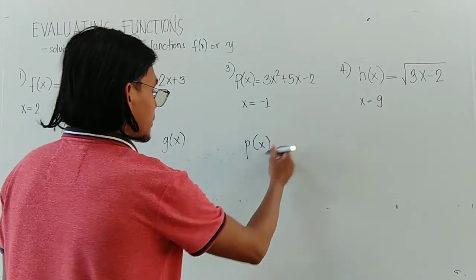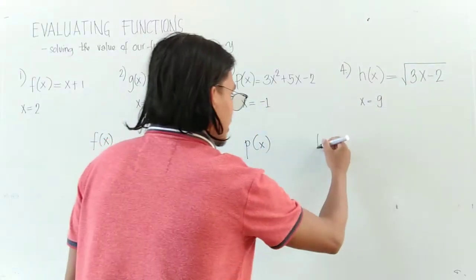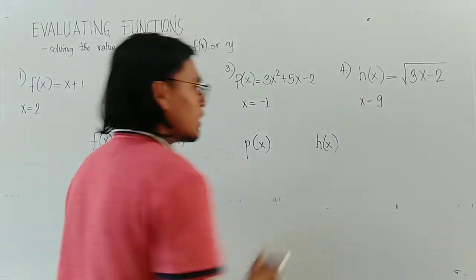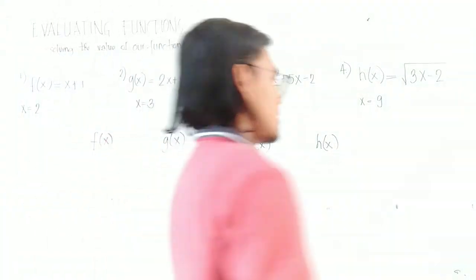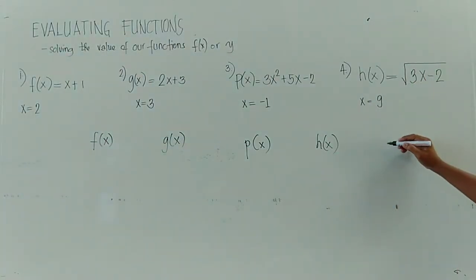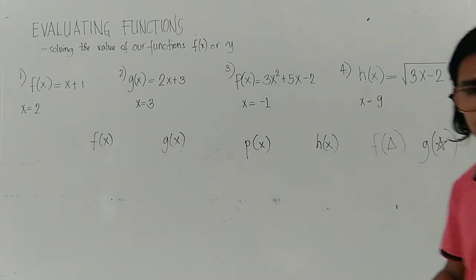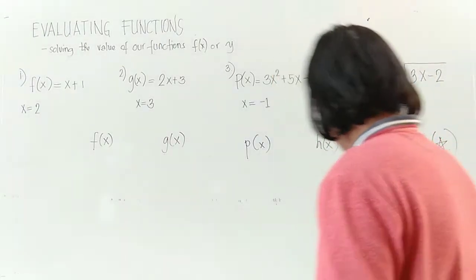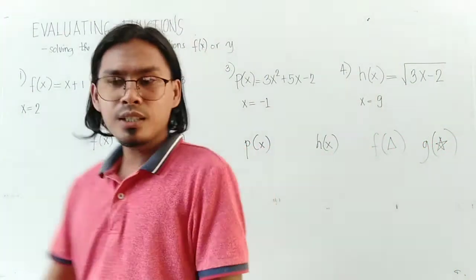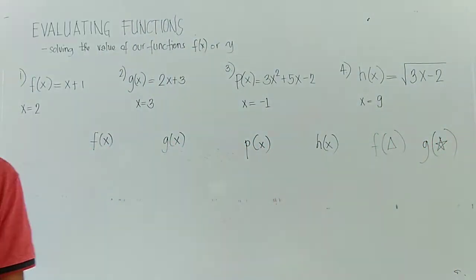In our example, we have p of x, h of x, or in some cases, we may use some variables such as f of triangle. Okay, let's say f of star, or any variable that we may use. Okay?